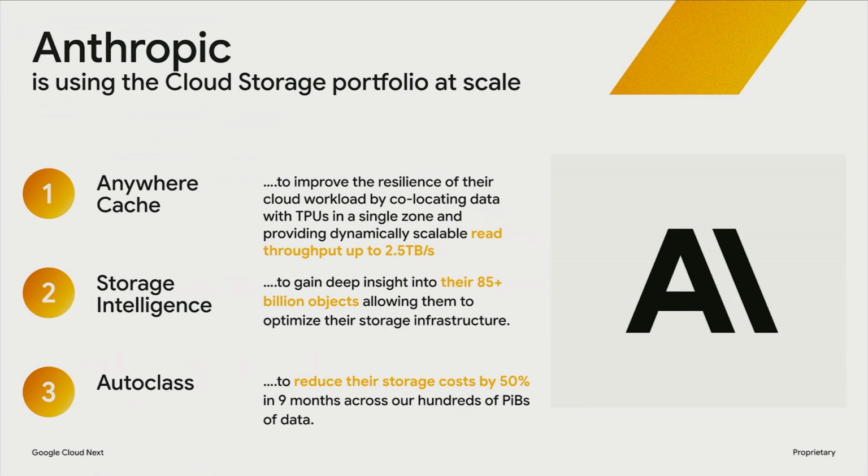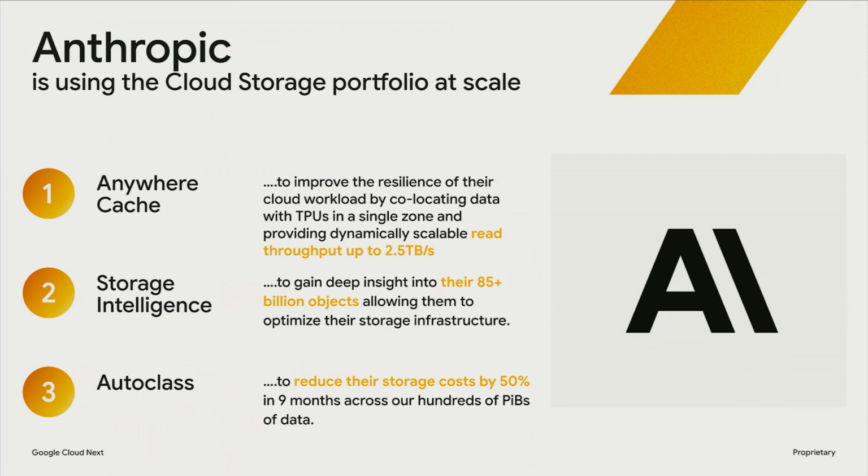They have been using Anywhere Cache to accelerate their AI workload on top of GCS. They love it so much that they have got rid of their homegrown DIY caching solutions. They have been adopting the Anywhere Cache as their data acceleration platform.